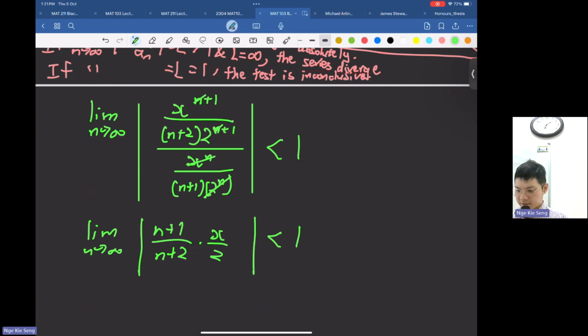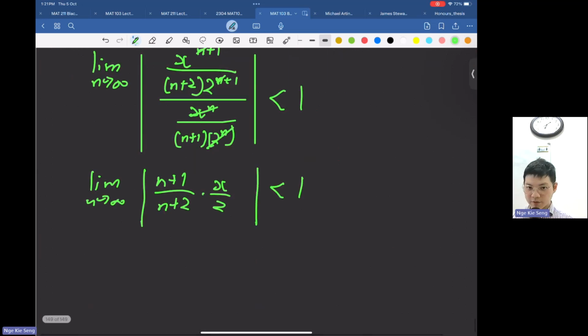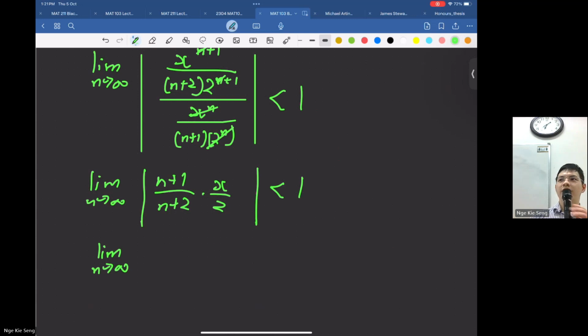Okay, so how do we compute this limit? Can we bring the limit in? No. Can we remove the absolute value or not? Is n plus 1 positive or negative? Positive. n plus 2 is also positive, so we can bring n plus 1 and n plus 2 out of the absolute value.